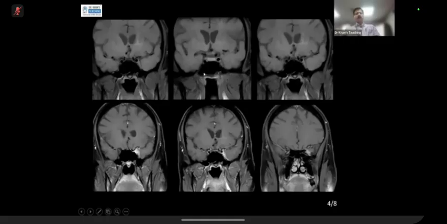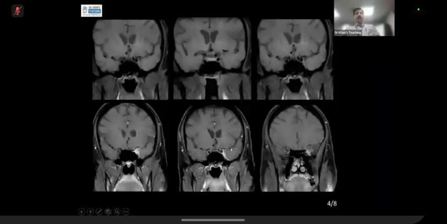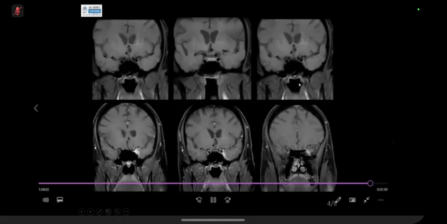What's happening? On the left side, we've got high T2 signal and enhancement where we saw the lesion within the left anterior middle cranial fossa. Where are we? What is this? We're looking at the left cavernous sinus with the ICA.